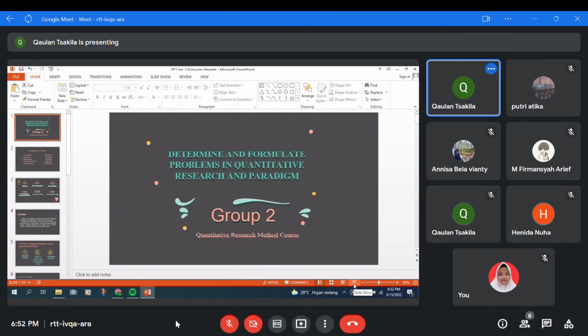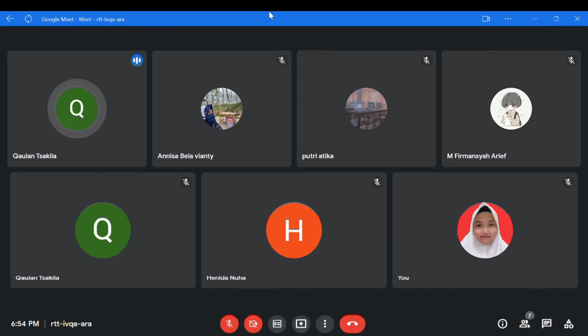So that's all the explanation of determine and formulate problems in quantitative research and paradigm. So any questions? A question from Putri. Can be given an example of intervening variables?